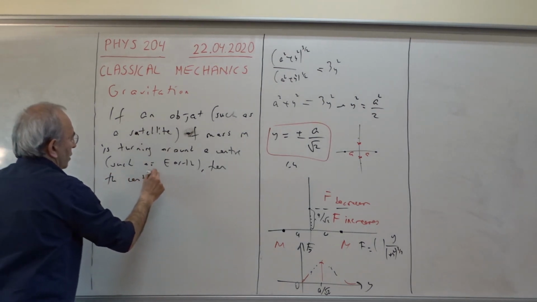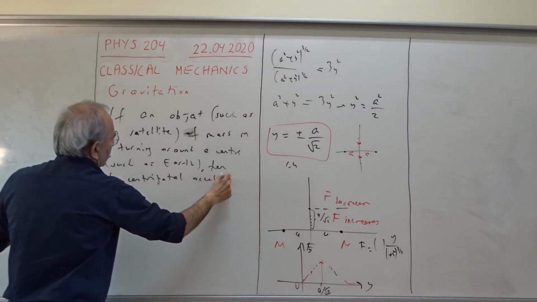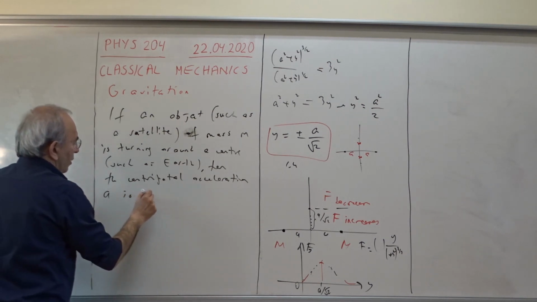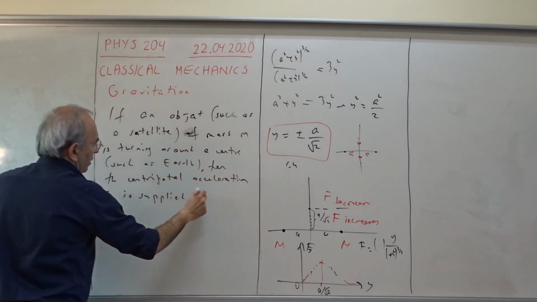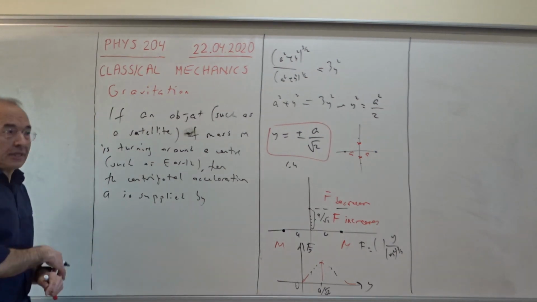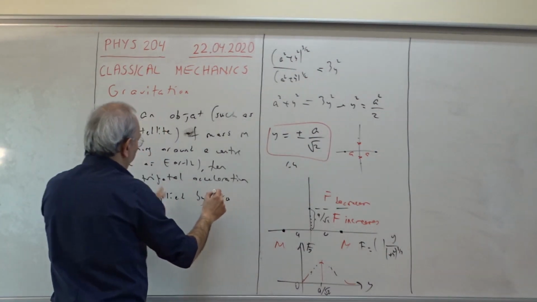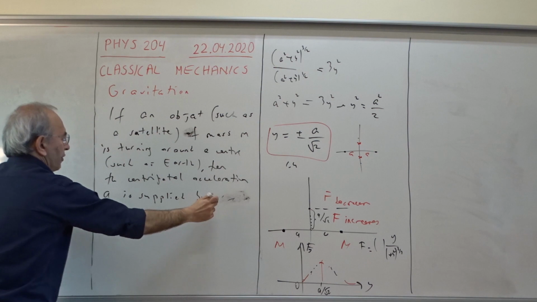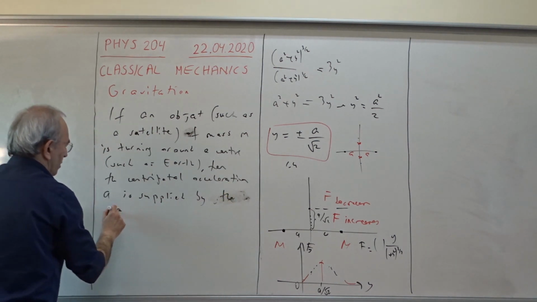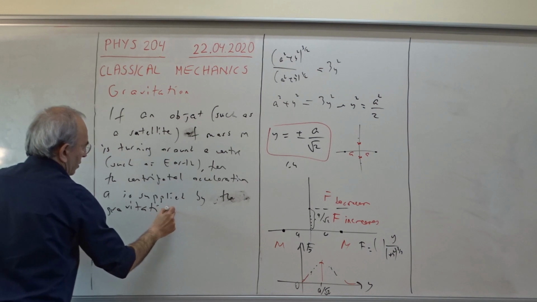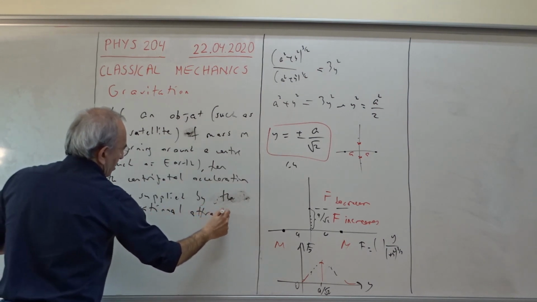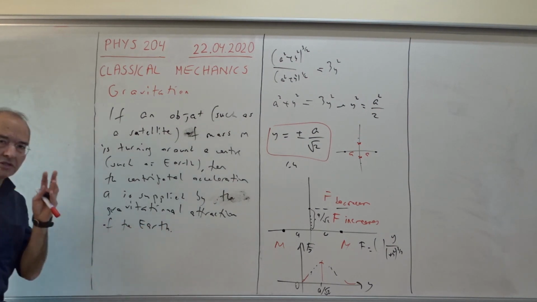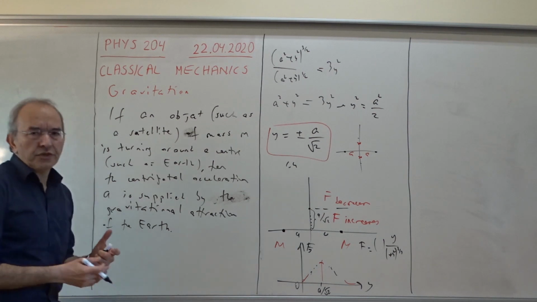Then the centripetal acceleration, let's say A, is provided by the gravitational attraction of the Earth. So this is the main idea, and it is not difficult to see it.